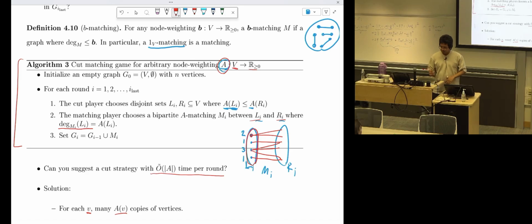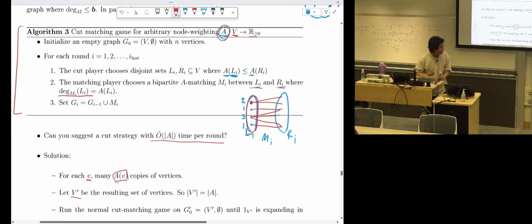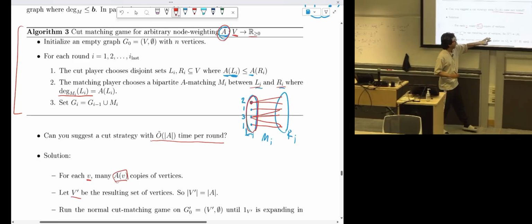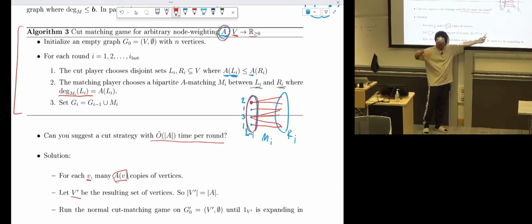And once you split node V into AV many copies, for each of the copies, just put a weight of 1 on every node. So if V prime is the resulting set of vertices, the size of V prime is exactly the total sum of A.